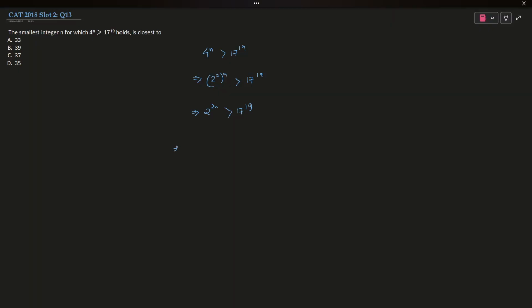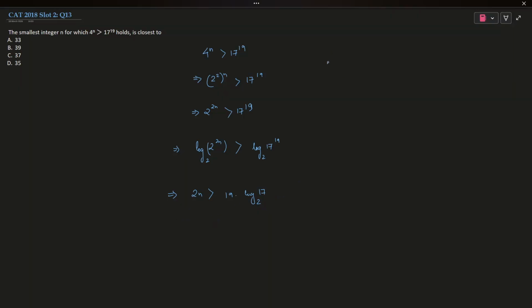Take log both sides. If I take log base 2, I'm taking base 2, log 2 of 17 to the power of 19, I will have 2n greater than 19 into log 17 base 2.